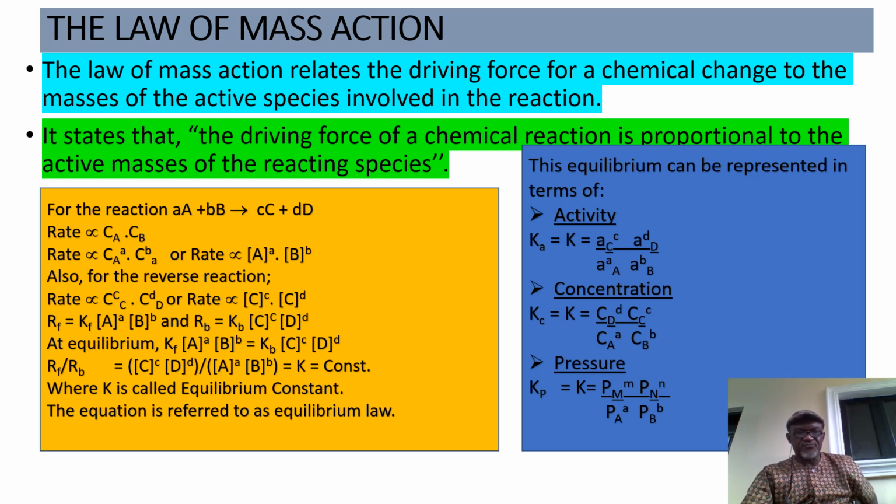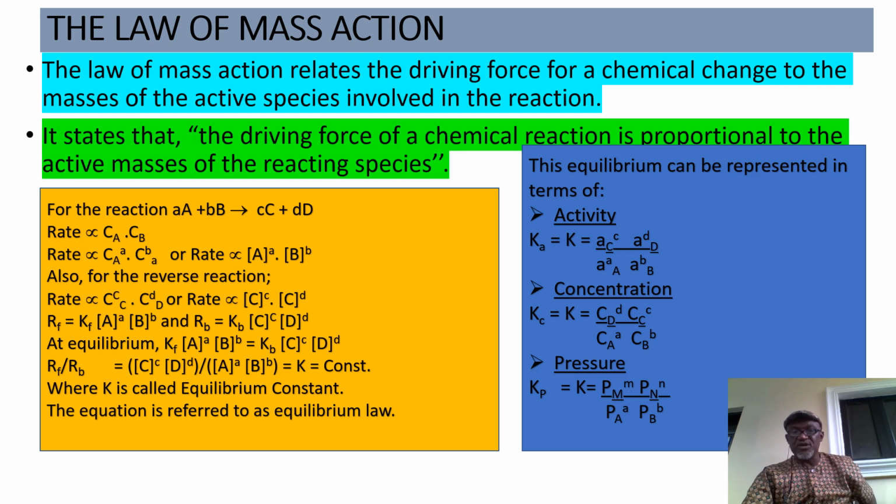So if the forward reaction rate is equal to the backward reaction rate, we can equate these and we arrive at this equilibrium constant equation: the product of concentrations of the products divided by the product of concentrations of the reactants, and that gives us the equilibrium constant.